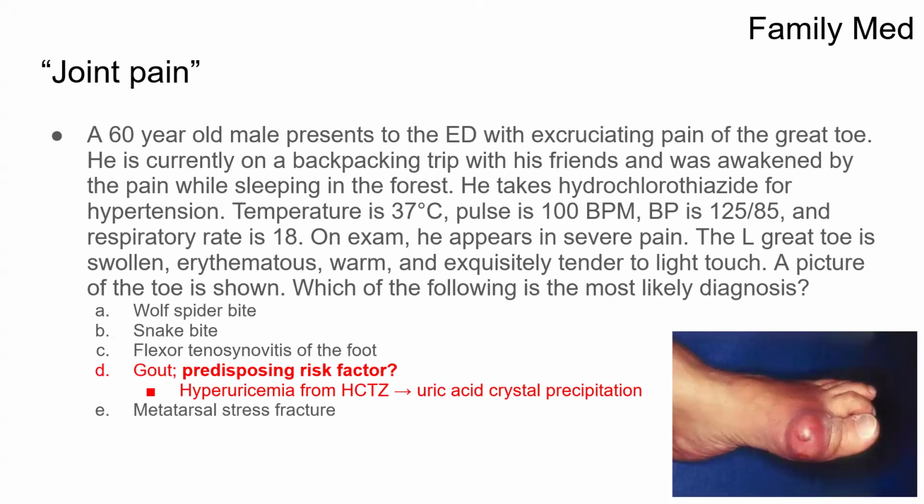This guy was backpacking in the wilderness and sleeping, and then all of a sudden he had super exquisite pain. So things like a wolf spider bite or a snake bite could be possible, but a wolf spider bite is usually associated with an ulcer with a necrotic eschar.